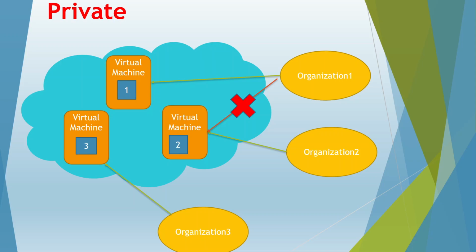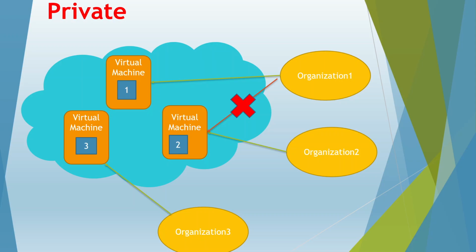Then only it will be called a private cloud. Otherwise, it will be called an on-premise system. When your private cloud is deployed on premise, it has to follow all the cloud principles. Then only it will be called a private cloud.